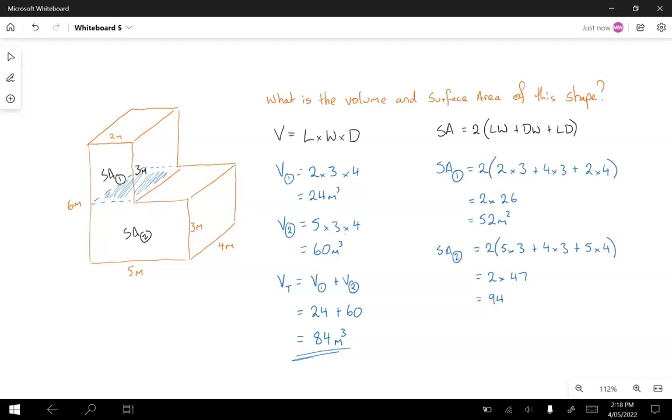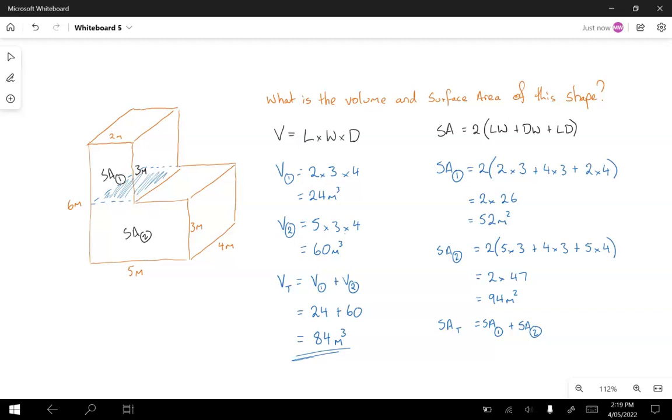Then surface area. Oh, now this is the bit we need to be careful of. The surface area total, and this is where it could all go horribly wrong, is not simply just surface area 1 plus surface area 2.